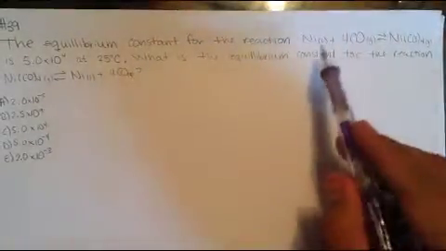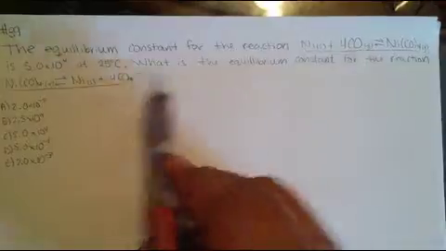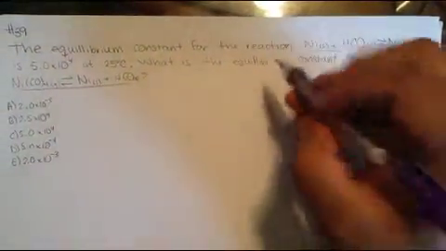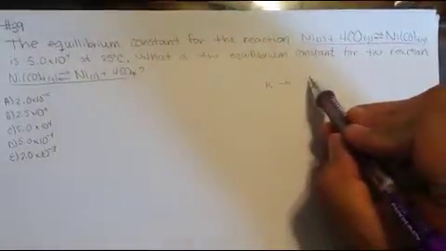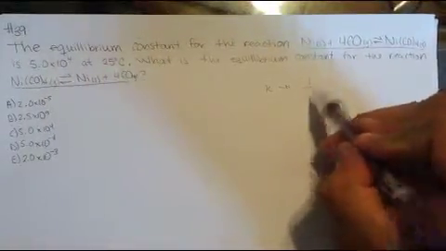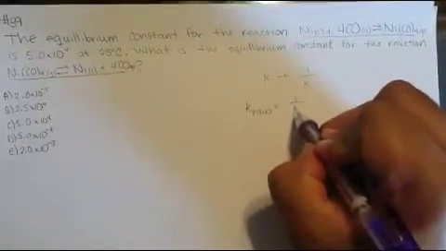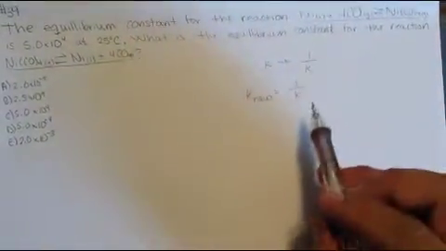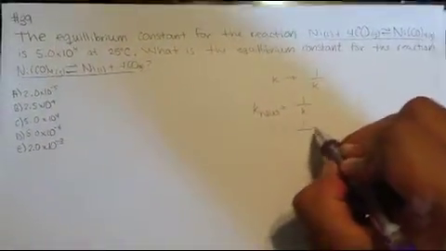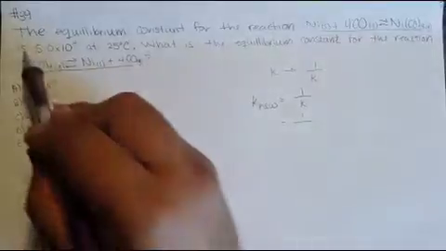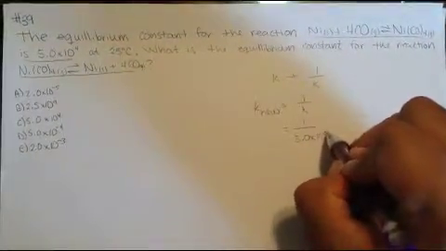And if you see the first equation and your second one, it's just swapping places, which means if you had K, once it swaps, you will now have 1 over K. So your new K will be 1 over K. They give you the first equilibrium constant, so it'll be 1 over the given equilibrium constant of 5.0 times 10 to the 4th.